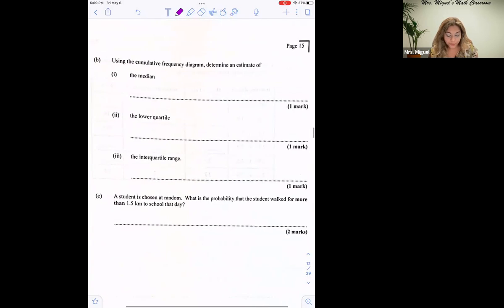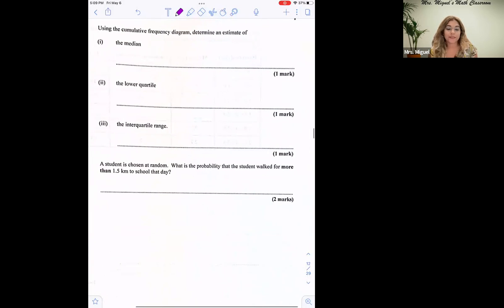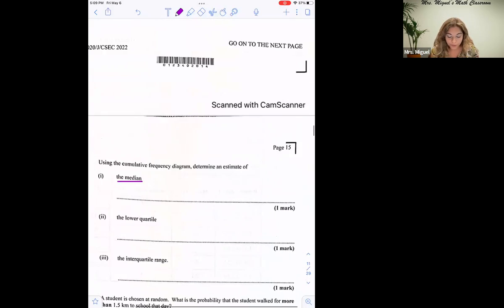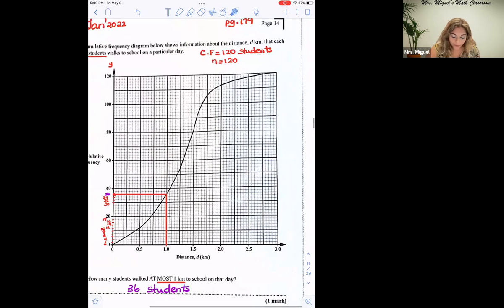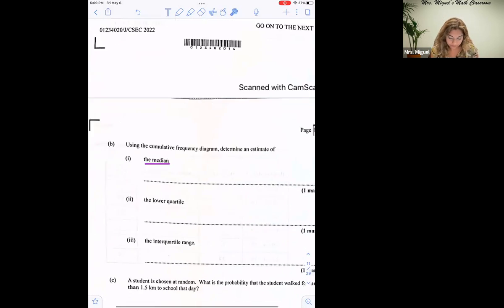Now, using the cumulative frequency diagram, determine the estimate of the median. Remember, the median is the middle, but the middle of what? The middle of the cumulative frequency. That is why I ask you to write this at the start of the question.